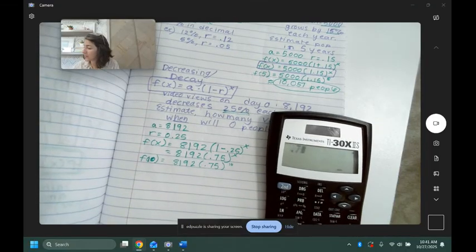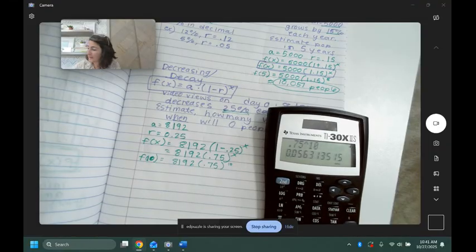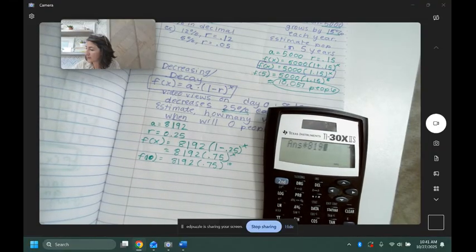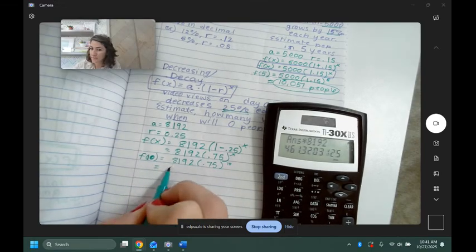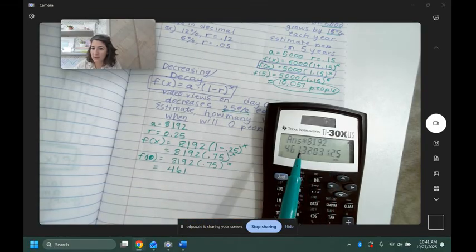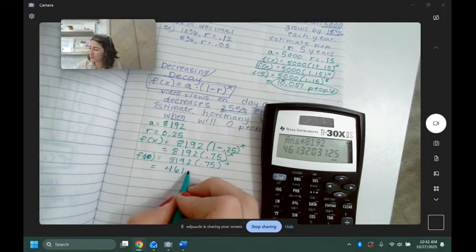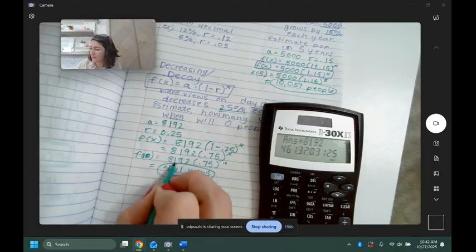First, I'm going to take 0.75 raised to the 10, and then I'm going to multiply that by 8,192. 461.3. This 3 isn't big enough to round it up, and I can't have 0.3 of a view. So 461 views on day 10.